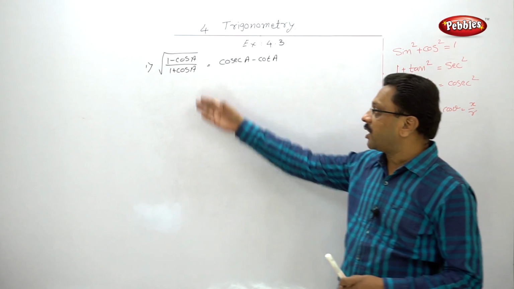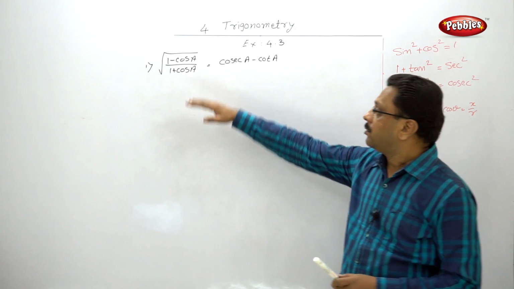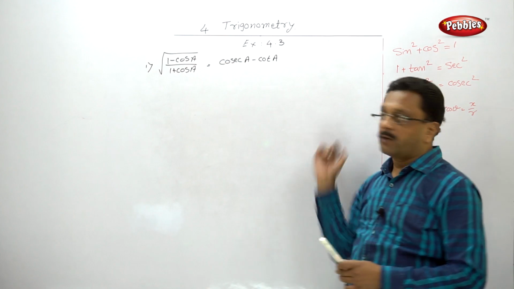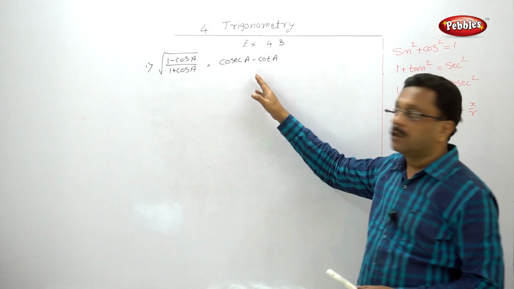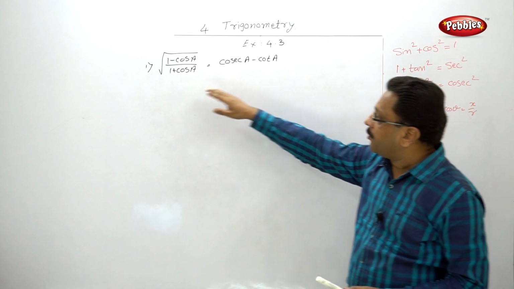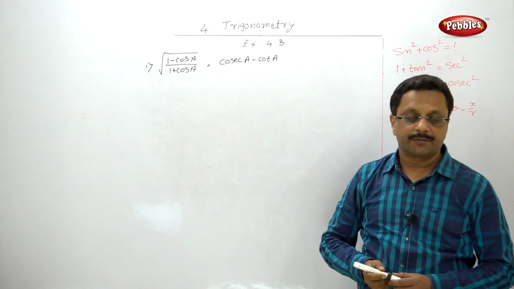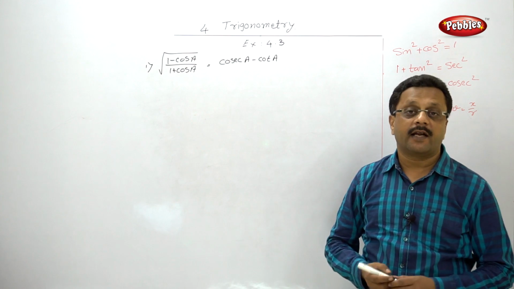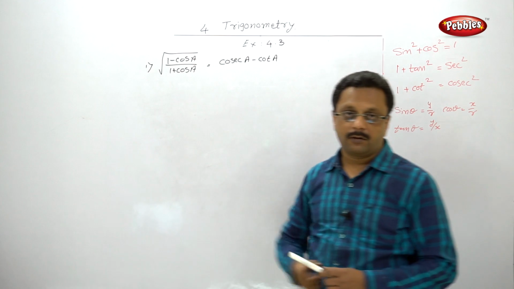Now whenever these kinds of examples are there, we will try to solve from left hand side to right hand side. By taking the left hand side we'll come to the right hand side. Now here try to eliminate the denominator. That is what is called rationalizing.